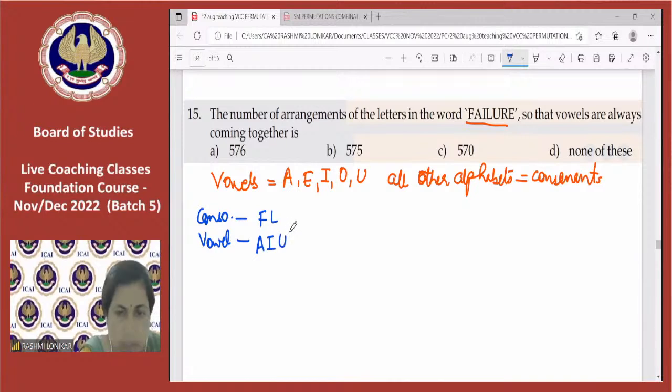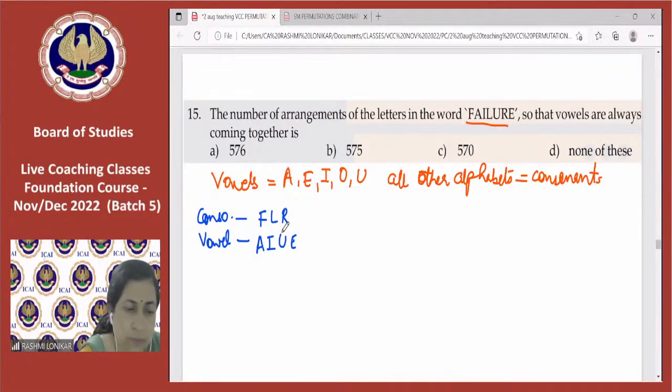U is a vowel. R is a consonant, and E, sorry, E is a vowel. So these are my vowels and these are my consonants. How many consonants do I have? 3. How many vowels do I have? 4 in the word failure.